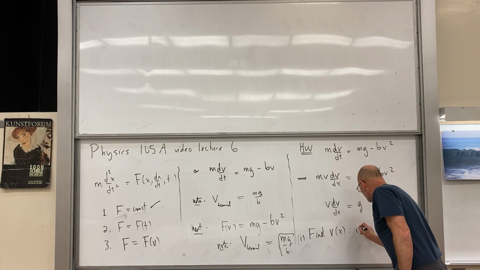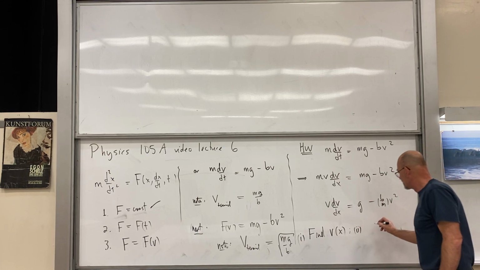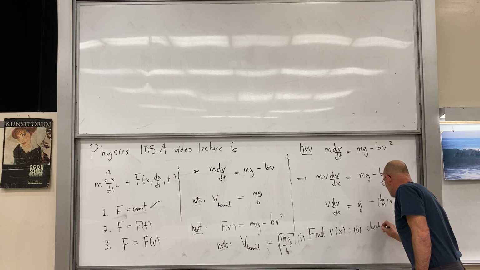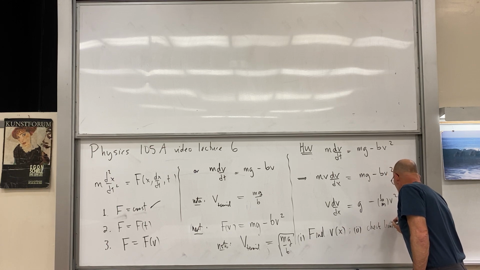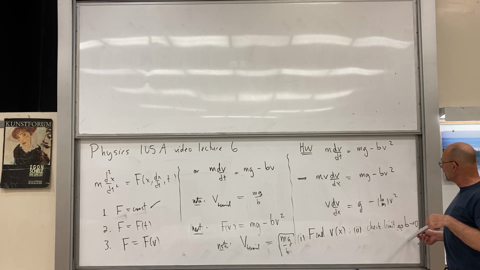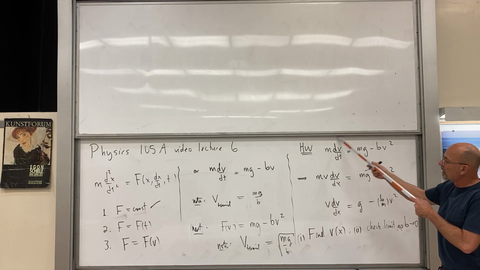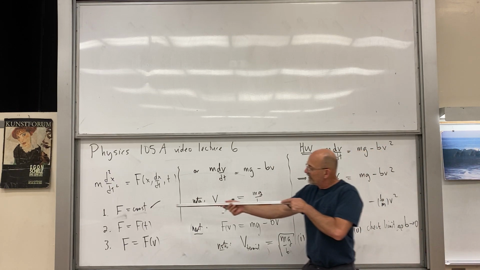And the second point is to check the limit as b goes to 0. Because when you get the limit as b goes to 0, you're back to this problem, which was this one.